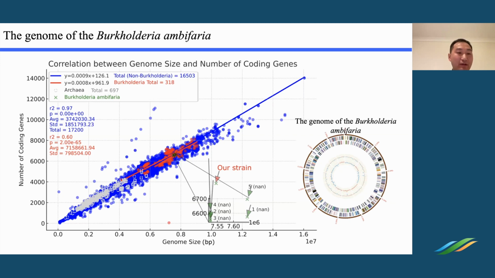This finding also aligns with existing knowledge in bacterial genomics. As we can see from the correlation graph, there's a strong positive correlation between bacterial genome size and the number of coding genes, which indicates the adaptive capacities of bacteria with larger genomes in the plant.